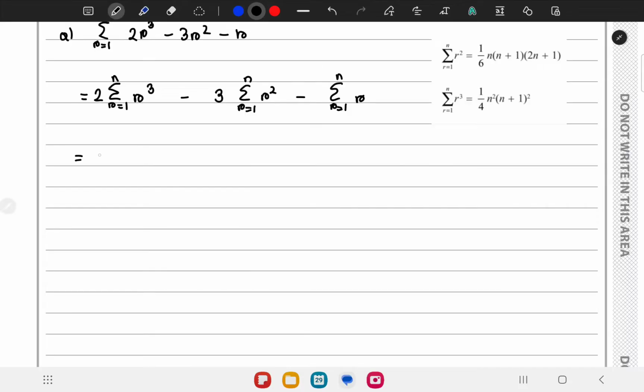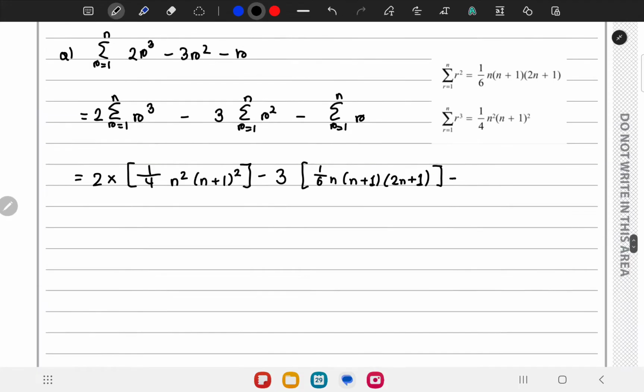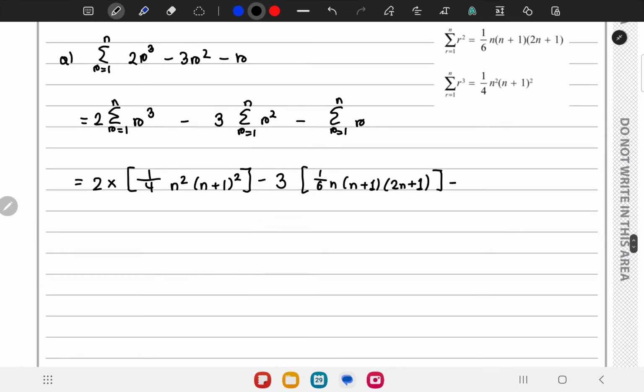For r cube, we have the 2 in front, then for r cube we have 1 by 4 n square times n plus 1 whole square, and you have minus 3 times, for r square you have 1 by 6 n times n plus 1 times 2n plus 1, and the summation of r, this is basically an arithmetic progression.